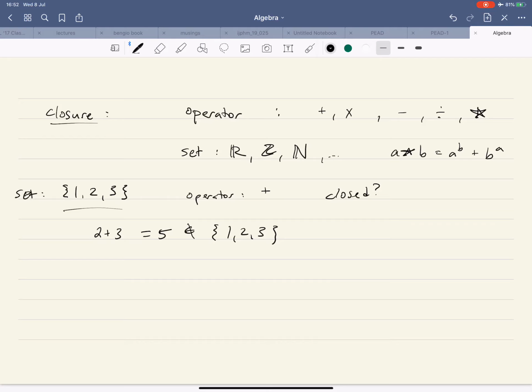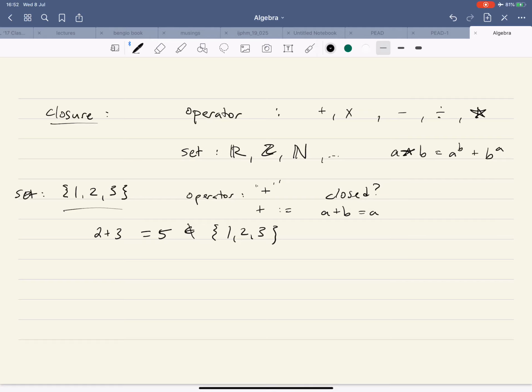Now, I could have defined plus to be something different from the standard plus that we're used to. I could have said, hey, I'm going to define plus as a plus b is always equal to a. I could have just defined it that way.